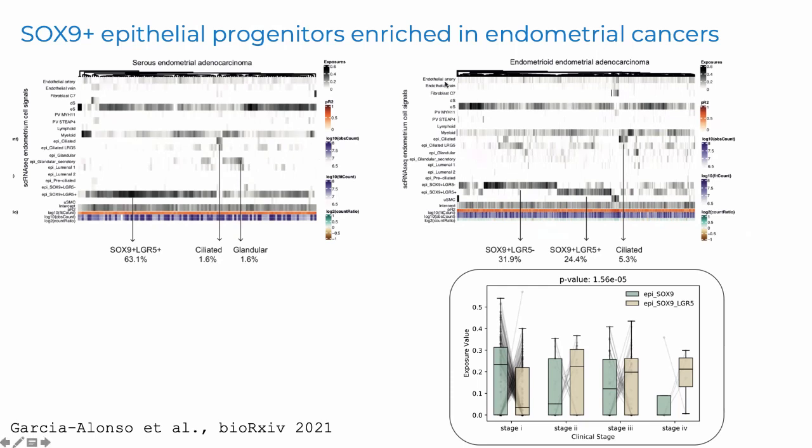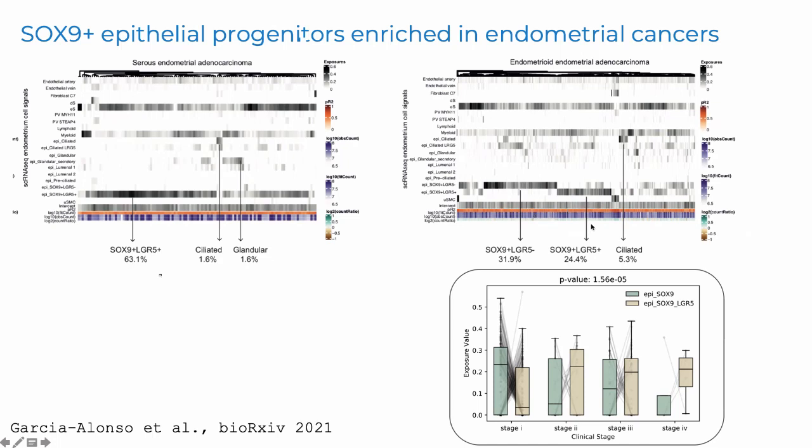And this is also quite a nice finding in the endometrial cancer, because we have 2 types, the serous and the endometrioid. The serous is more aggressive, and we see the signature. This is just deconvoluting bulk data with single cell, and in this case, we see the signature of the LGR5 positive progenitor, while in the endometrioid endometrial cancer, we see that half of them are LGR5 positive, while the other half are LGR5 negative.